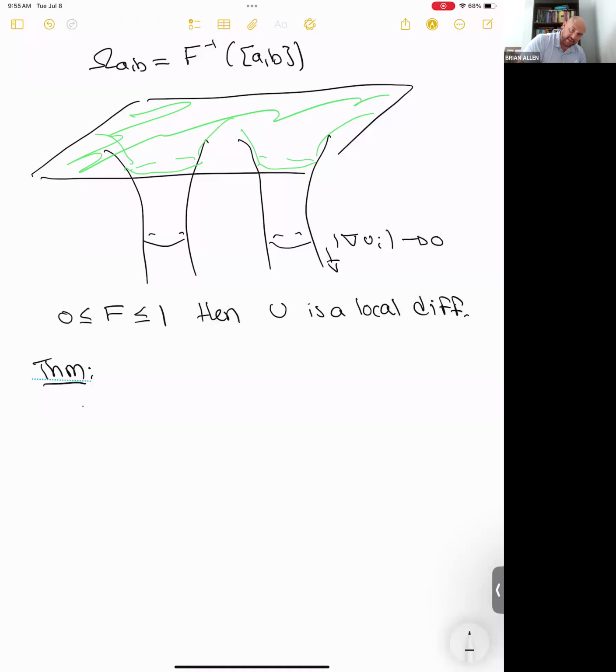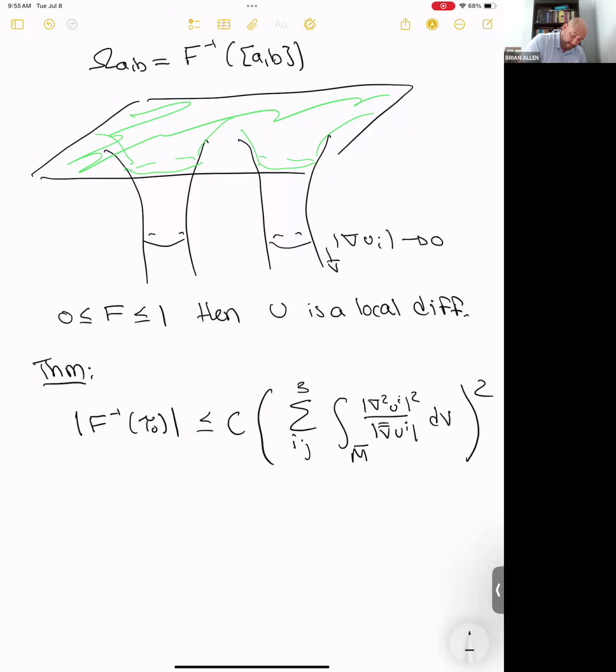Then just to state this theorem that we need to finish off, there is going to be some level set of F that you can bound this Hessian quantity that I mentioned before. So this is some regular level set inside of a range that we're not going to get too much into right now. And so that's the last key, right?